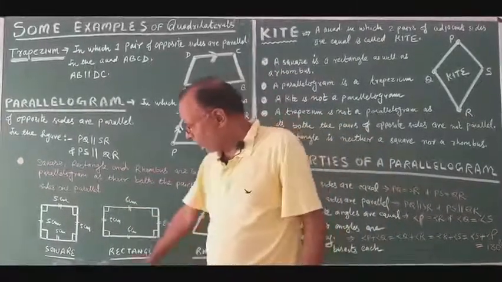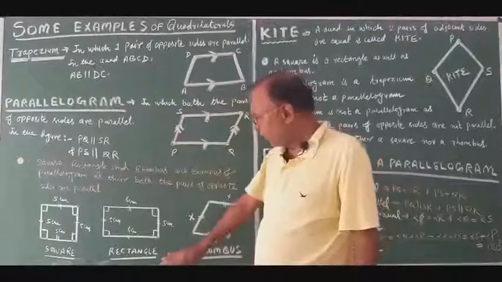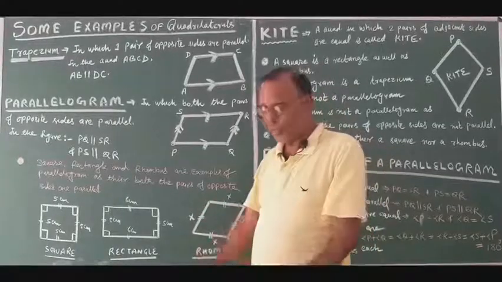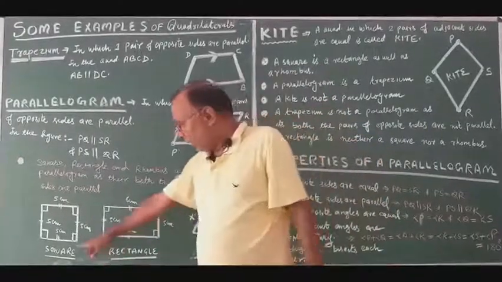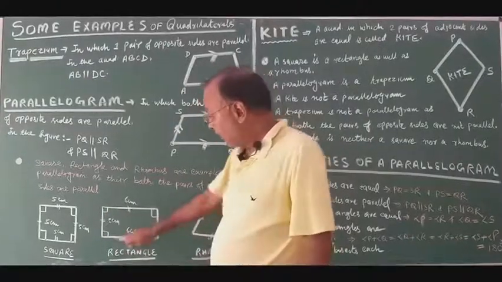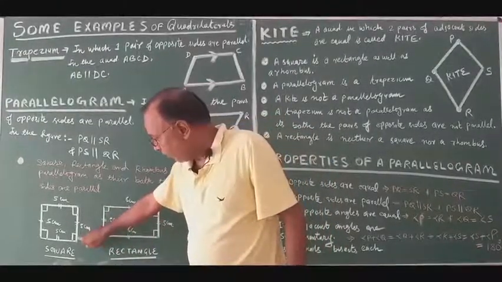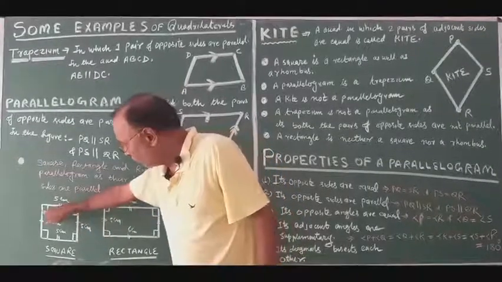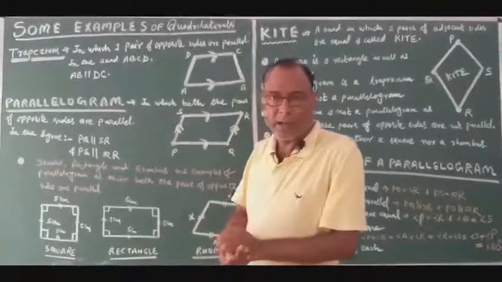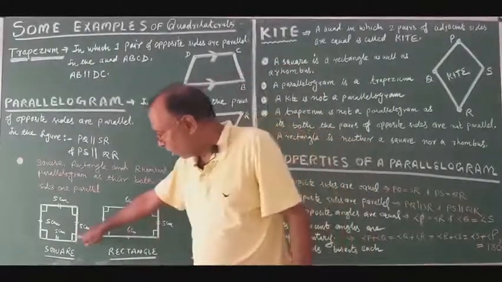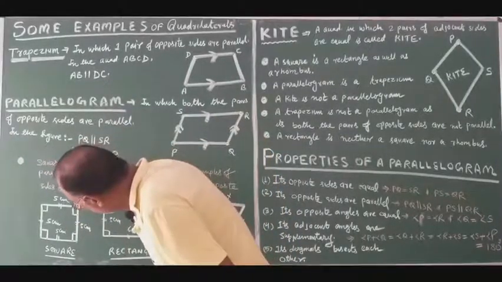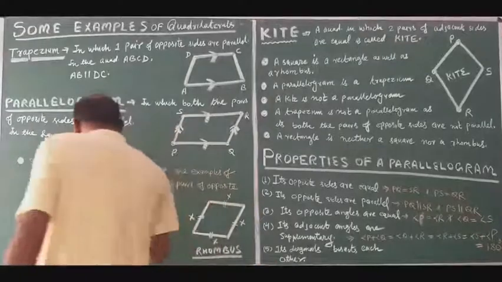Now, just look at these figures. This is the figure of a square, this is the figure of a rectangle, and this is the figure of a rhombus. In this square, just look at the sides. All the four sides are equal, which we have taken as 5 centimeter, and all the four angles are 90 degree. This is the symbol of 90 degree.